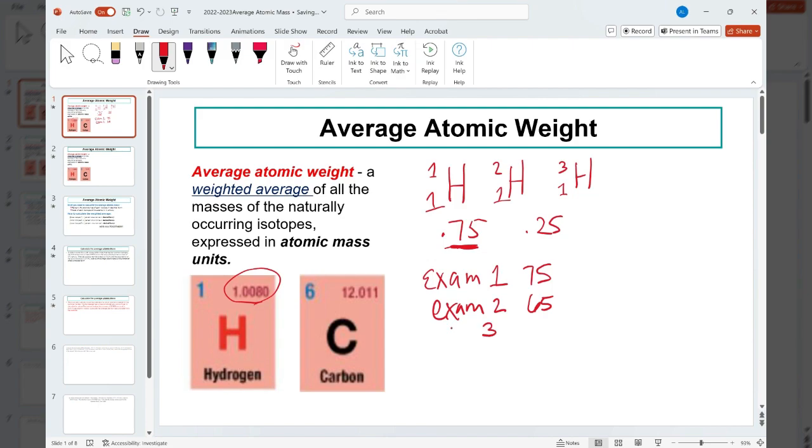And exam 3, you received 55% out of 100. Let's say you had some activities in class, and you have activity 1, and you received a 99% on it.